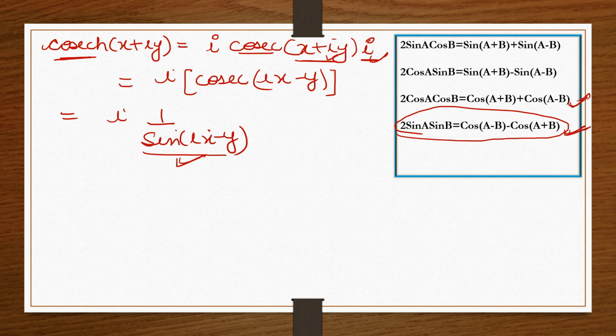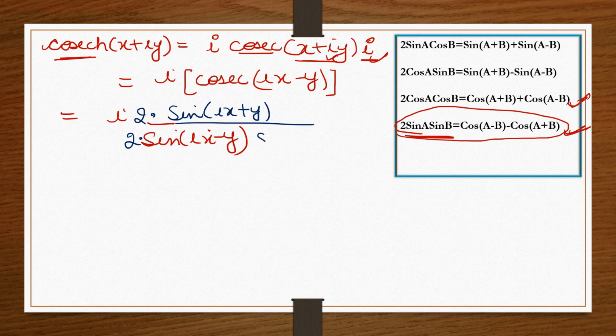Because we already have sine, we'll take this option. So first of all, multiply and divide with 2, and along with this multiply and divide with sine of iota x plus y. Fine.